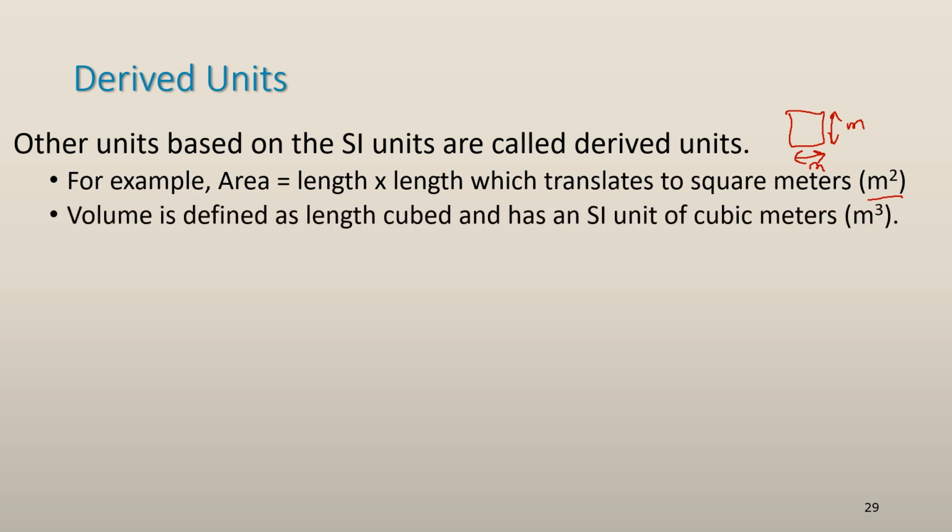Volume is probably our most used derived unit, and we know that it's based on the volume of something. So this is area. Well, if we have a volume, say we have a cube, we know that volume is length times width times height, or length times length times length.